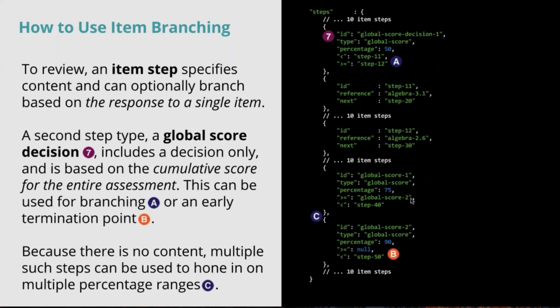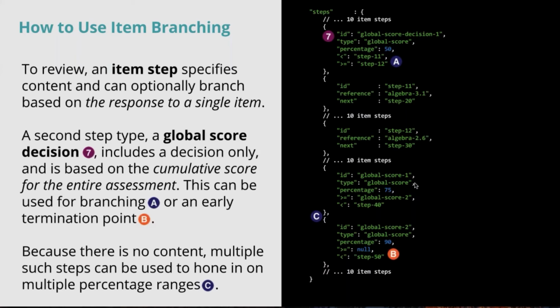And you'll see here that a decision step can say, if the score is greater than or equal to a specific value, make a decision to go there. If the score is less than a specific value, go to another location in the progress.